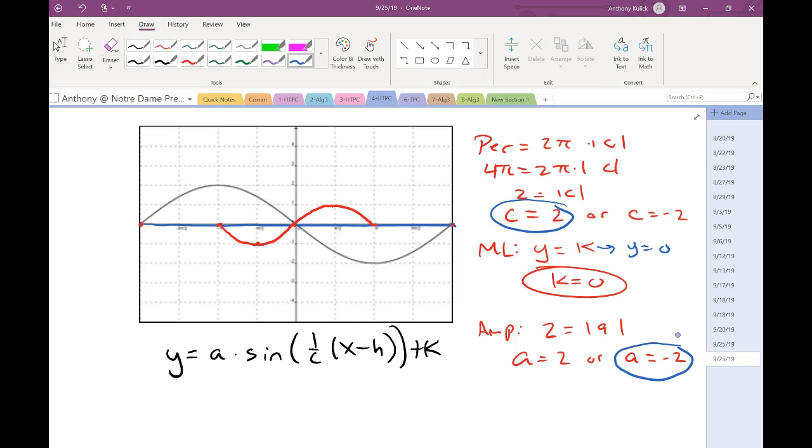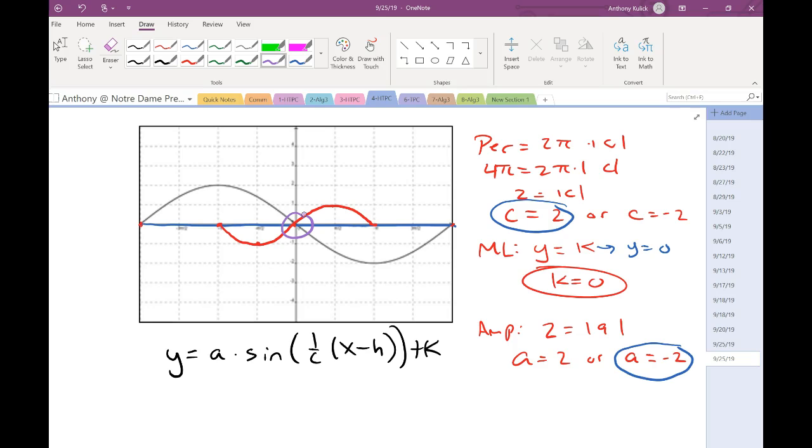All right, everybody okay with how I determine the signs? Okay. Now I'm going to determine the value for H. If I compare these two graphs, do you see a translation, left or right? I don't. The reason I don't is because the point where the graph crosses the midline is the same on each of these.